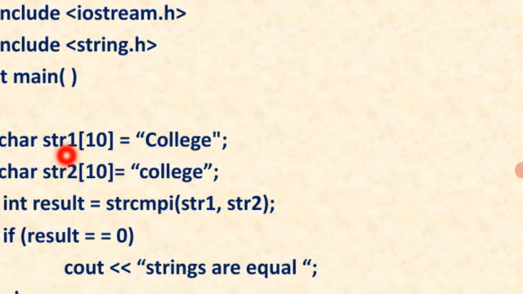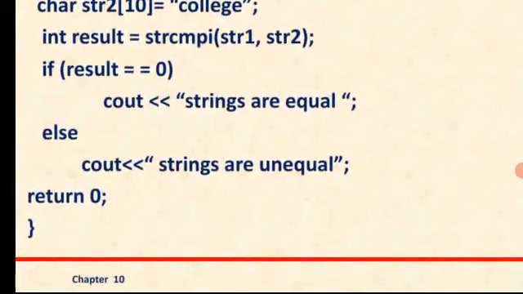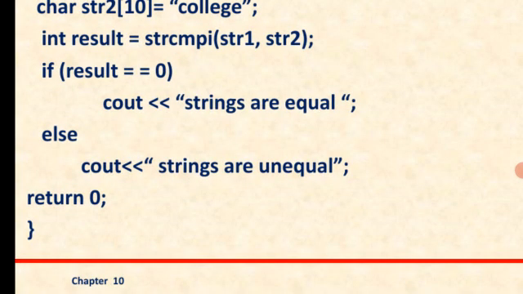Once the comparison is over, if the function returns the value 0, then both the strings are identical or equal. For that purpose, to check that concept, we are using an if statement. I am checking if, in the bracket, result is equal to 0.